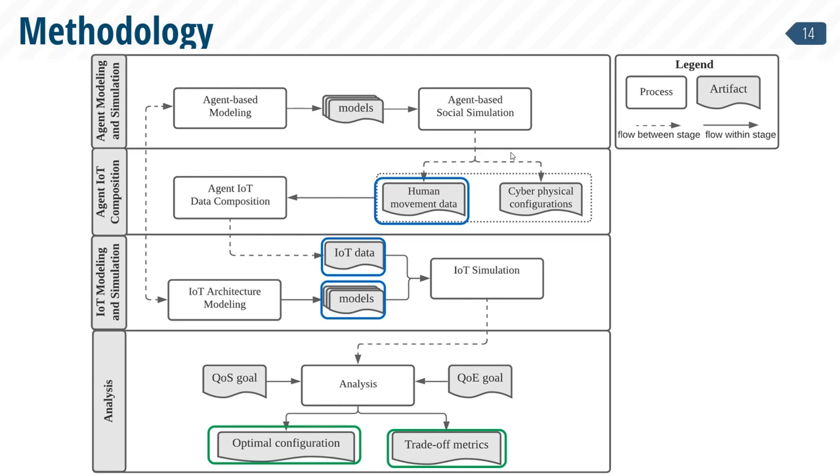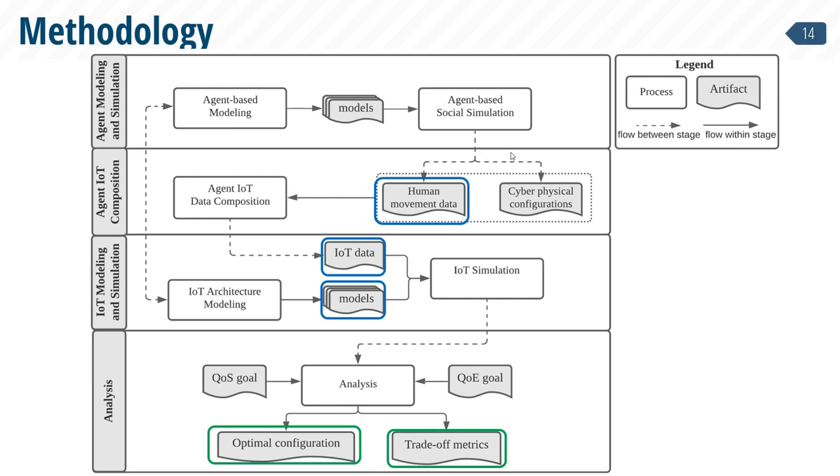The second is cyber element, then physical element, then IoT resources, which are all parts of the environment. So here we model not only the human behavior, but also the Internet of Things system within the agent-based modeling.